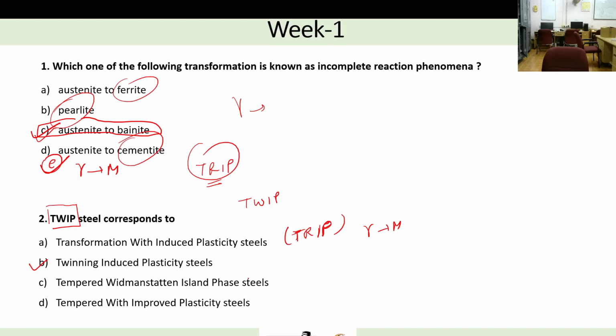So do you know the mode of, if you want to deform any material, or if you want to do this plastic deformation, there can be two ways. The first way is twinning, the other way is dislocation glide. We call it dislocation movement.